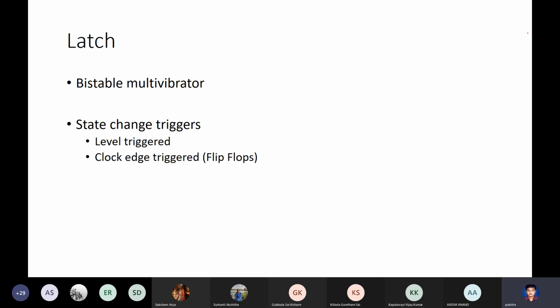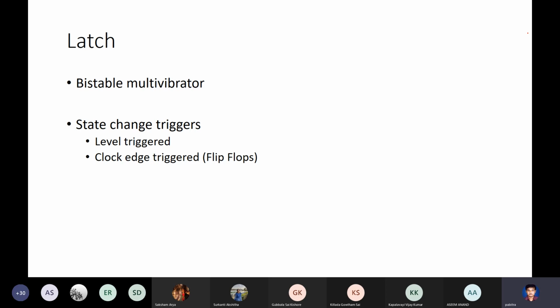And an additional criterion is required. This is useful for synchronization, in the sense that in a level triggered latch, as and when the input changes, almost immediately the output changes. But if there are multiple such memory elements, and you want all of them to change at the same time, you need an additional event which occurs simultaneously for all of these.